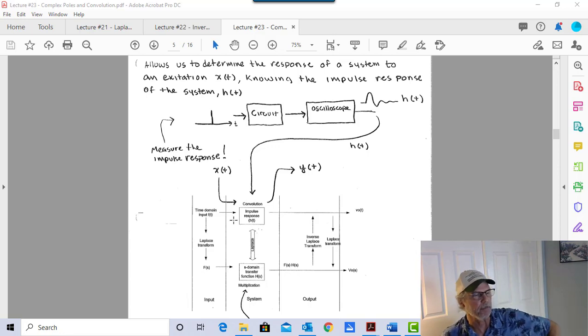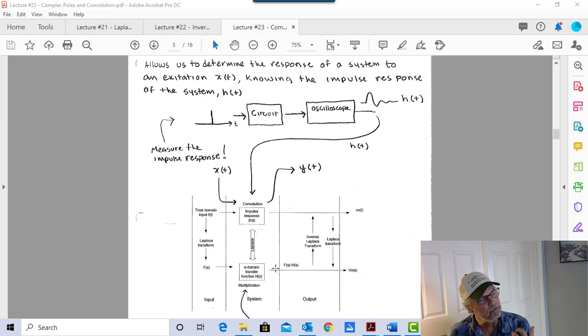Let's do that again. So we hit our circuit with an impulse, and it went ding, and here's our ding right up here in the time domain. Now I want to look at that in the frequency domain. So I'm going to take my impulse, take its Laplace transform, it's 1, multiply it by the transfer function, and now I have my impulse response in the frequency domain.